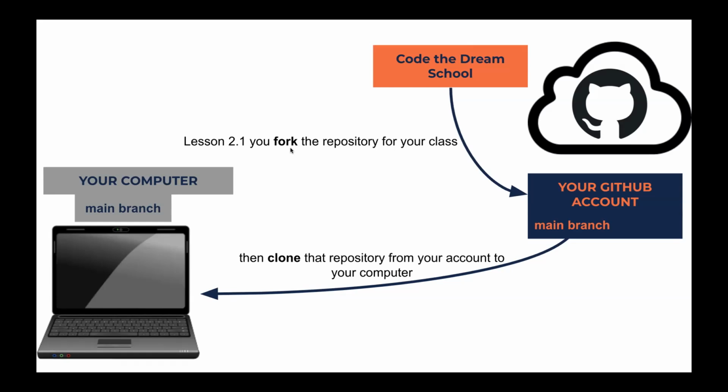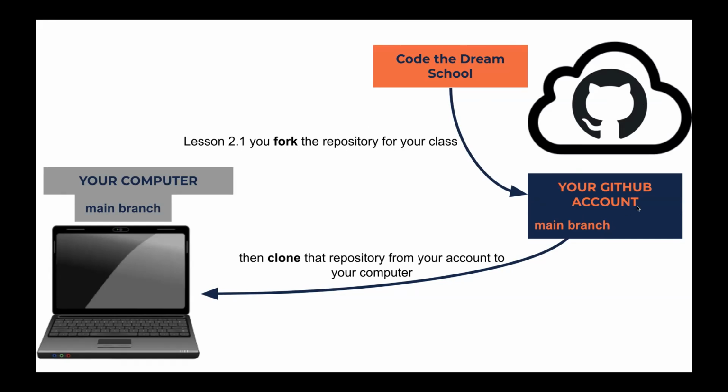And again, I use repository and folder kind of interchangeably. A repository is just a fancy folder that has Git installed in it or code in it, basically. So create the fork, and then you make your own copy of whatever is from Code the Dream. From here on out, once you fork it and make your own copy, you don't really have to be concerned with the Code the Dream copy anymore.